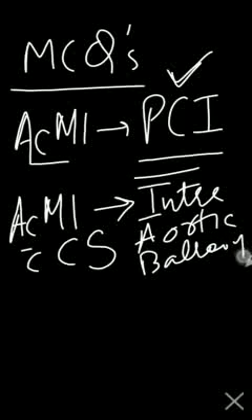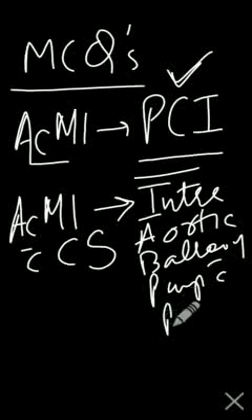Intra-aortic balloon pump with PCI is the best intervention. Another thing, the best management for inferior wall MI, or we can say right ventricular infarction, is IV fluids.